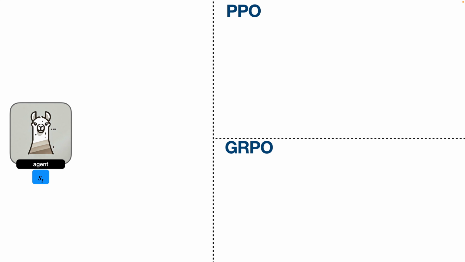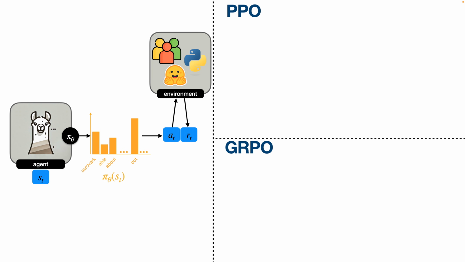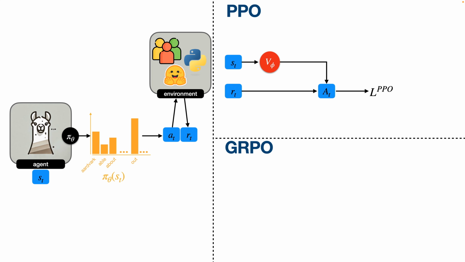Putting this together, here's what PPO and GRPO do during one training step. Our agent, currently in state S_T, will use its policy to produce a probability distribution over actions and then sample an action A_T. The environment might give it a reward R_T. Depending on the circumstance, this might be the intermediate reward or the reward at the end of the episode. PPO passes the agent state through a value function and then calculates the advantage and finally the loss.